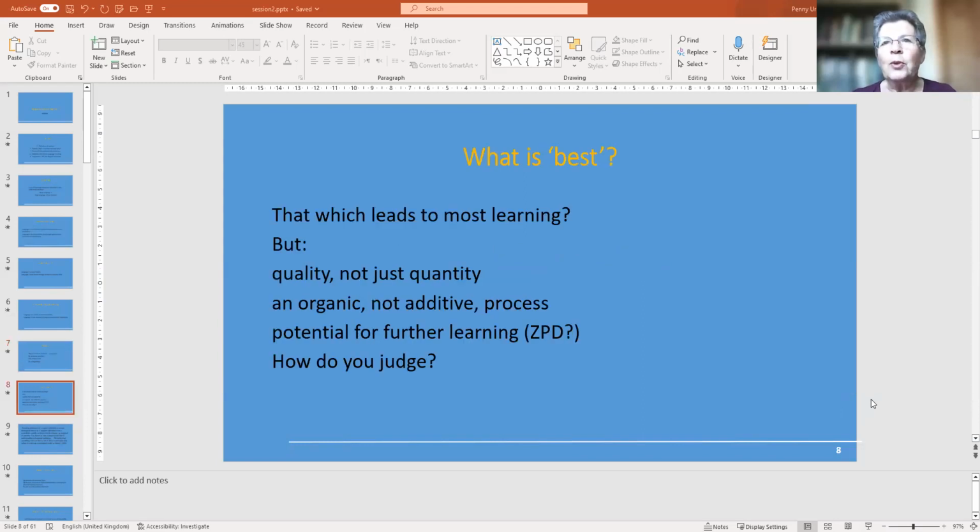So one of the issues he addresses is what is best. If you're talking about a best method, what is the best method? Is it that which leads to most learning? But then that raises a whole lot of questions, like is it quality or quantity of learning, how many words you know, or which words you know, or whether your accent is good, or what does it mean?